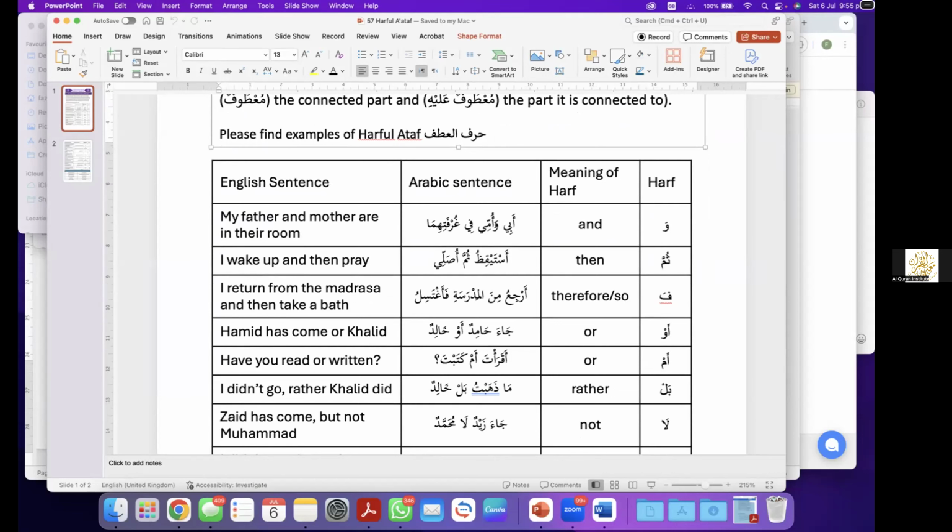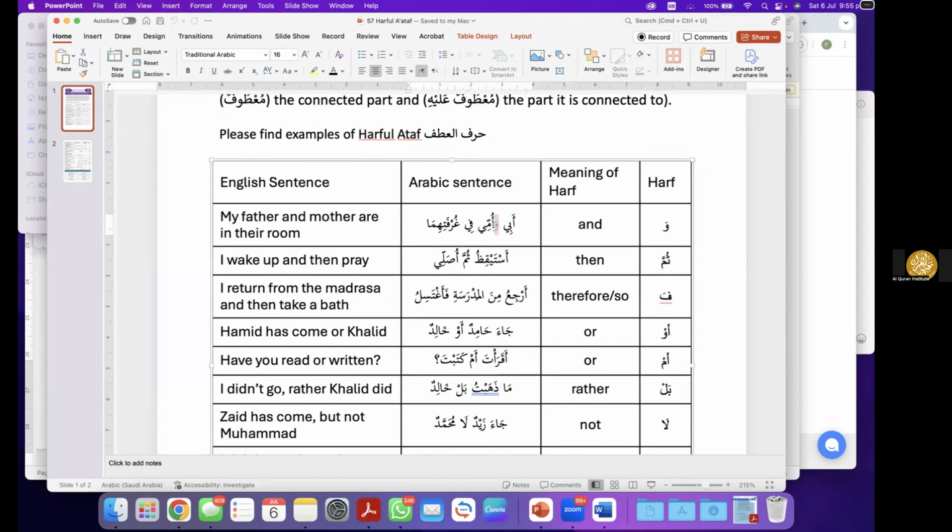This is called harfe ataf. Harful ataf, huruful ataf, harf ataf, whatever you say, it's all correct. The main thing is you have to remember this is called harful ataf. Waw is called what? Everyone should utter this, please.